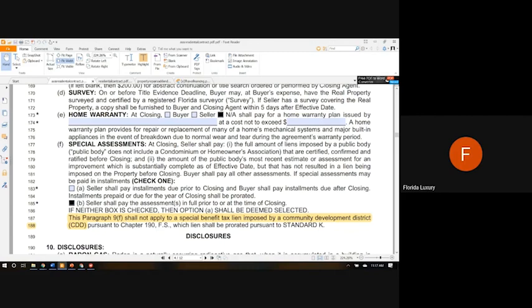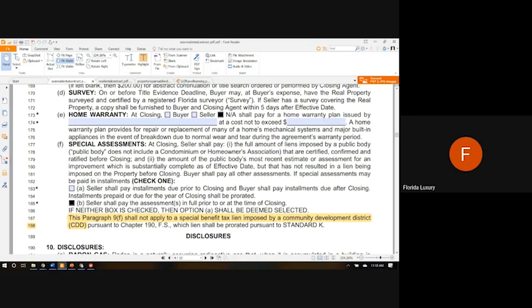I had a buyer about 3 years ago now. They were buying a home. Halfway through the process, there was a street assessment that came in. It was going to be $10,000, $2,500 a year for 4 years. Technically, if I had checked A, my buyer would have been on the hook for that 10 grand.